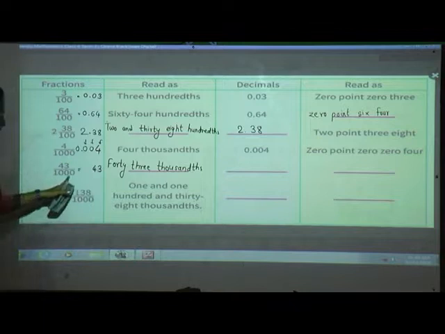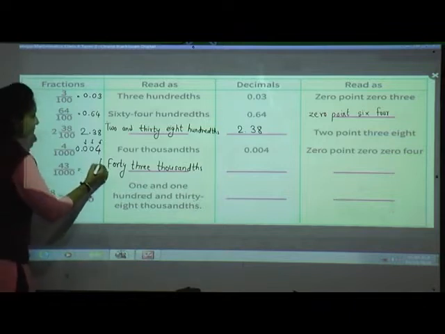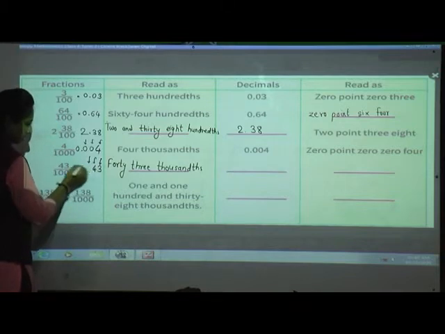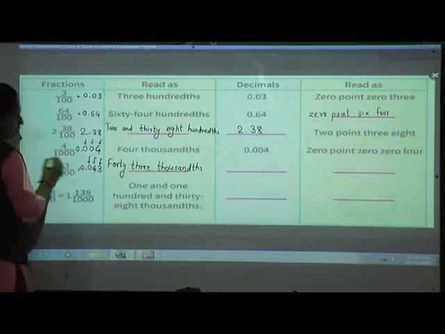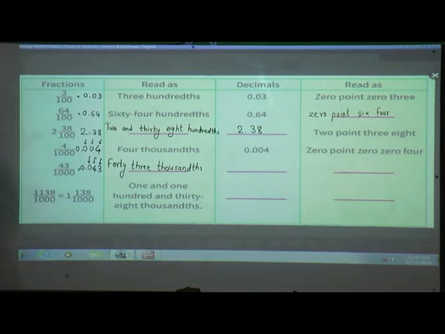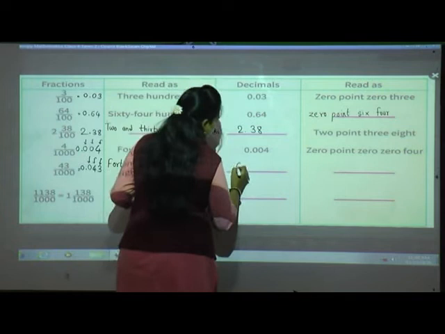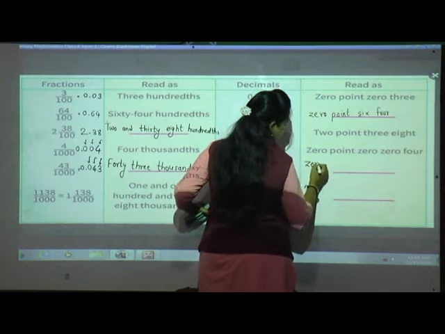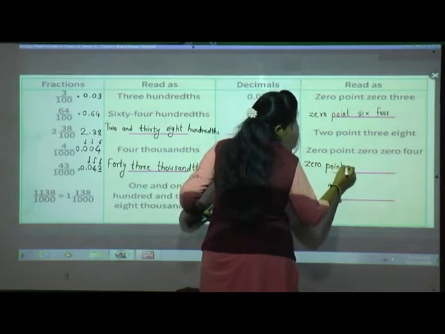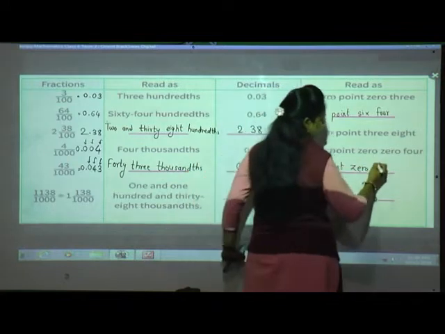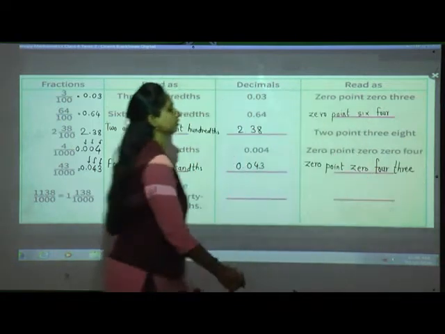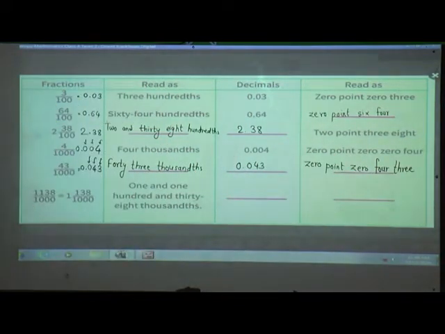Then see, the denominator thousands is there, so 1 is followed by 3 zeros. So we have to place the decimal point after 3 digits. For the third digit nothing is there, so place 0, then point 0. 0.043. So right here 0.043, and also we can write here in the same way 0.043. Clear? Yes.